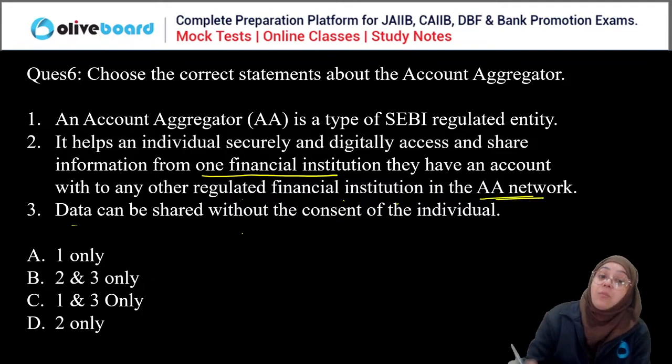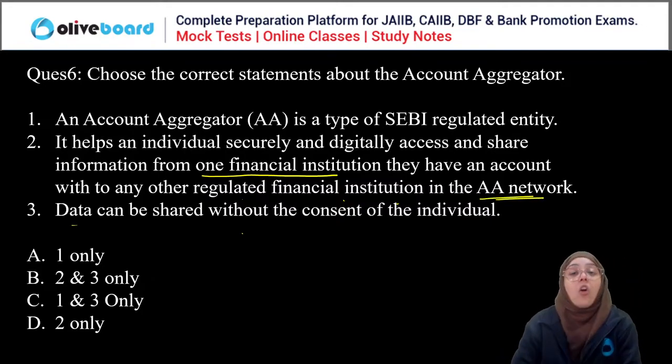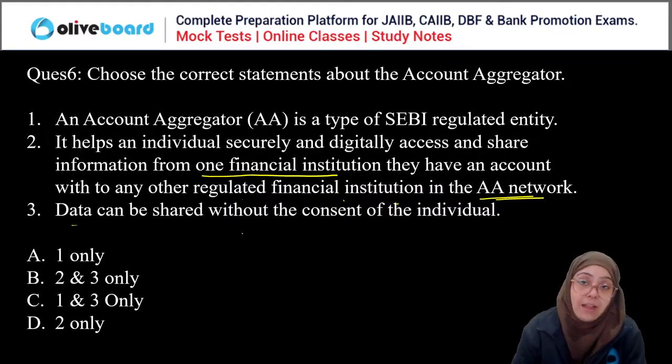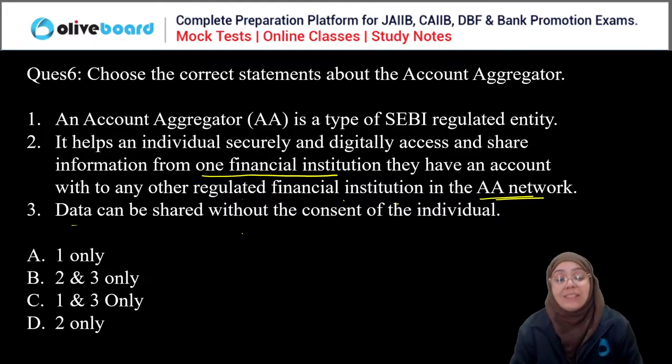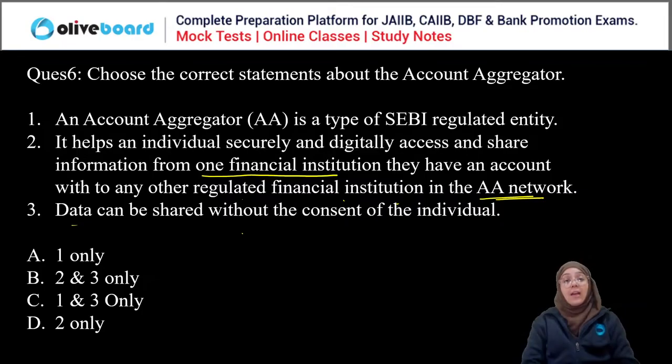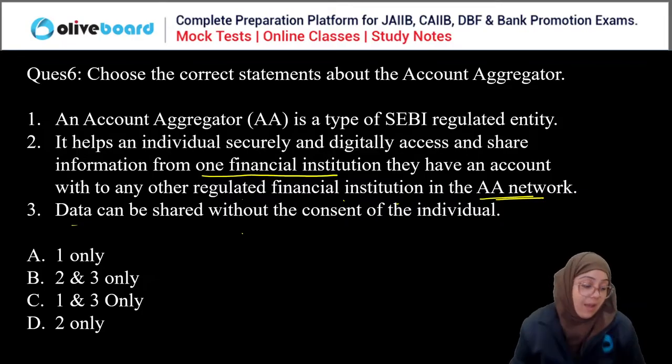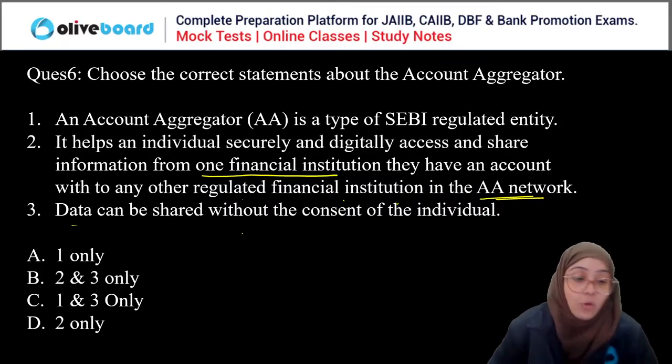Third, data can be shared without the consent of the individual. So we have to choose the correct statement here. Everyone can answer this question. It's a very easy question.